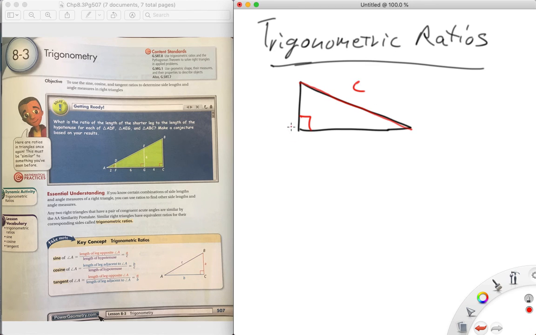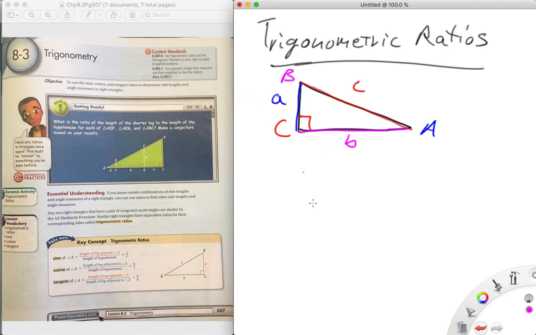And then the angle we're going to call uppercase C. Then we have angle A, and the side opposite of angle A, we're going to call lowercase a. And then we have angle B, uppercase B, and the side opposite of that, we have a lowercase b.